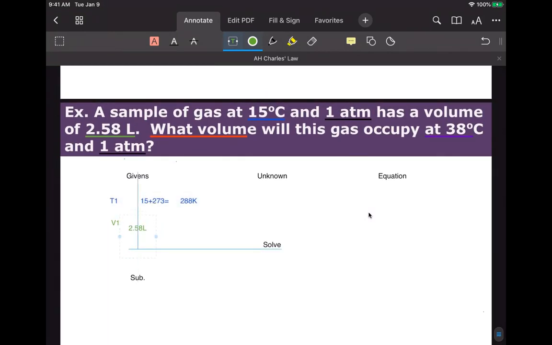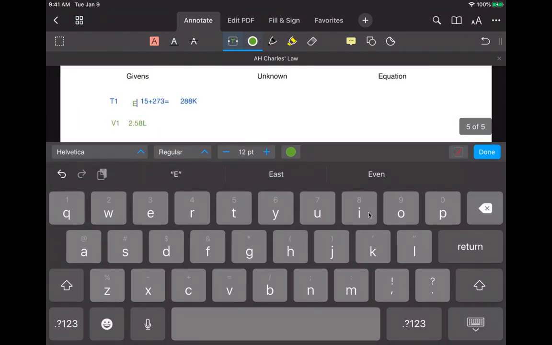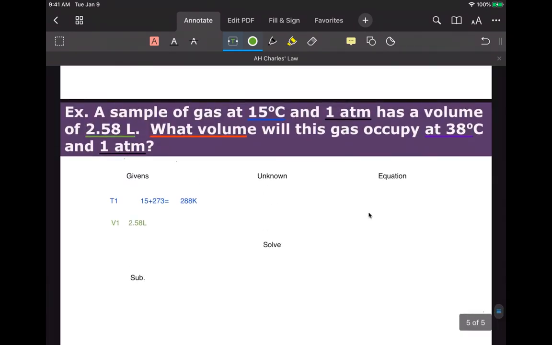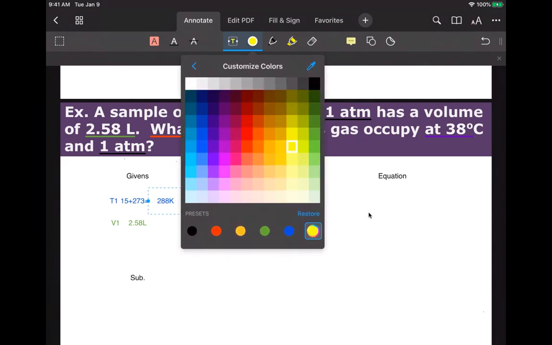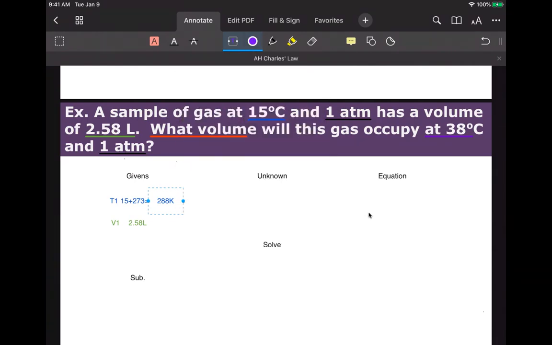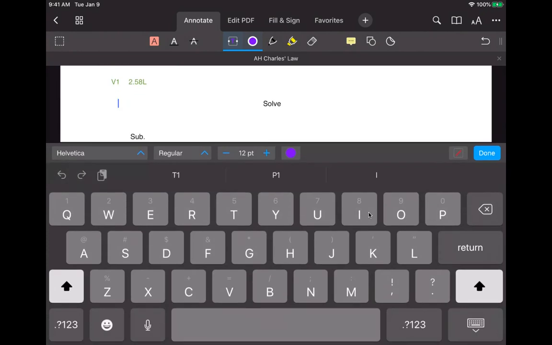Our final given is our change of temperature. So we already have our T1. So let's go ahead and go to our T2.